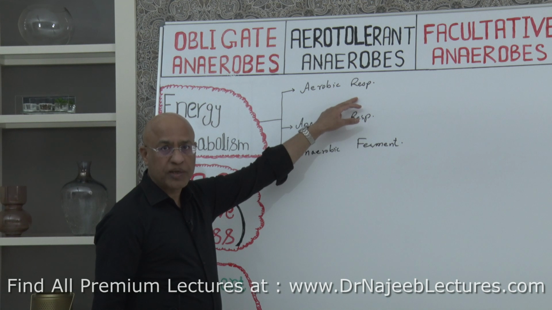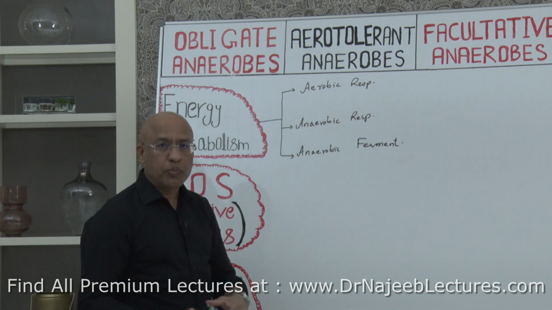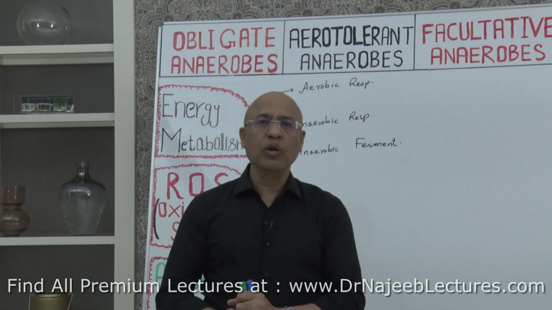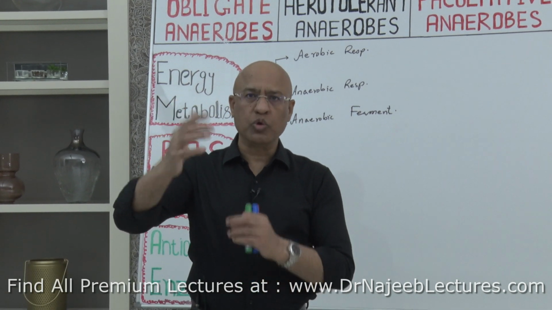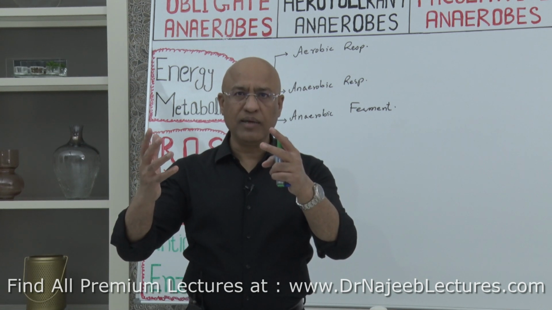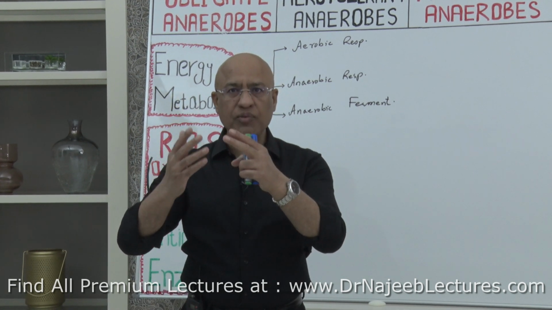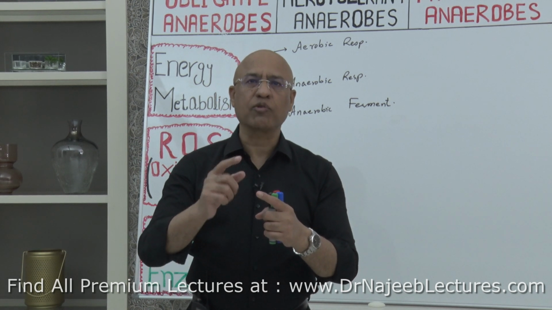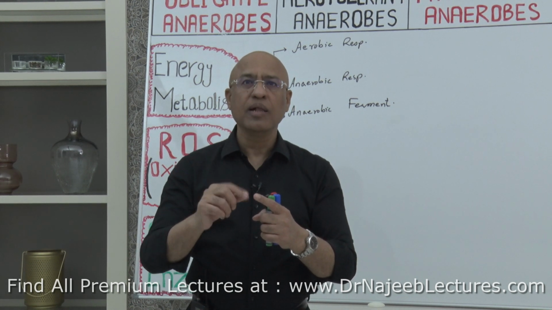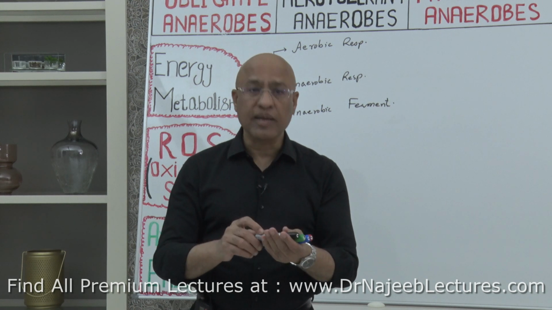What is the aerobic respiratory process? When big molecules like glucose are broken down and energy is released, who accepts the final electron? That is oxygen in the case of aerobic respiration.